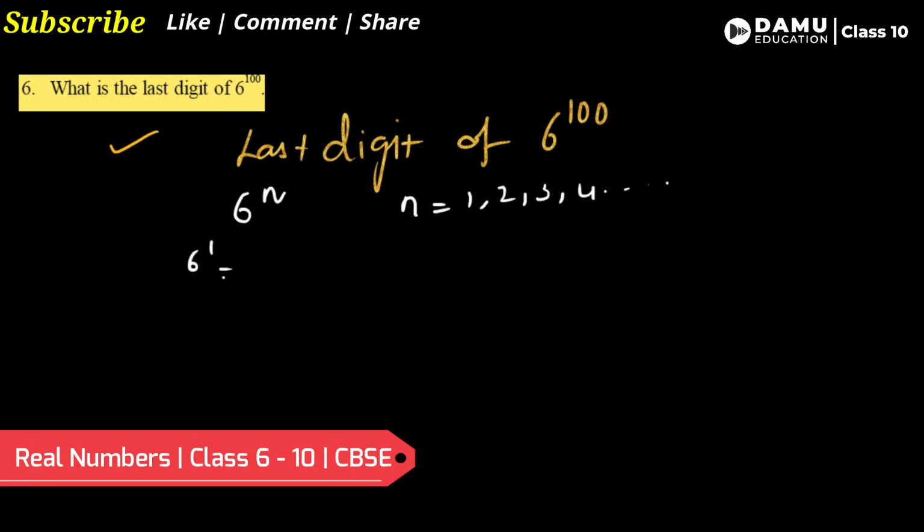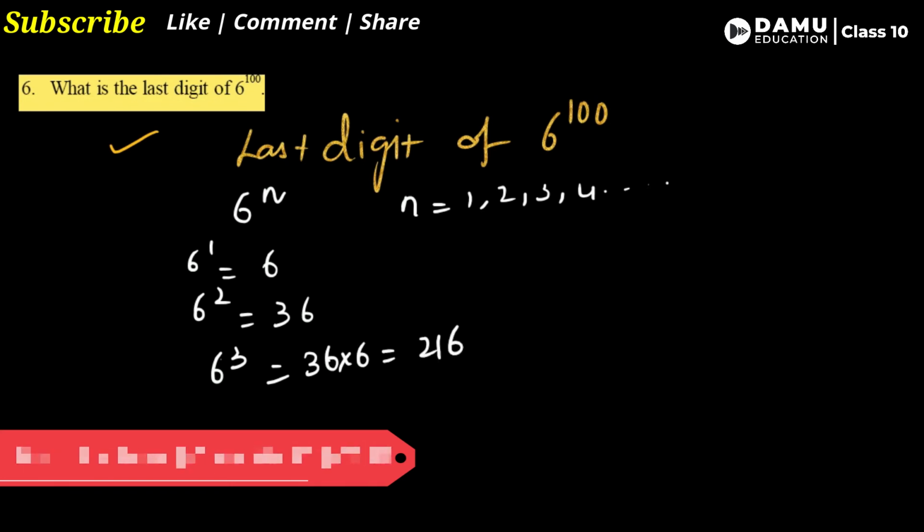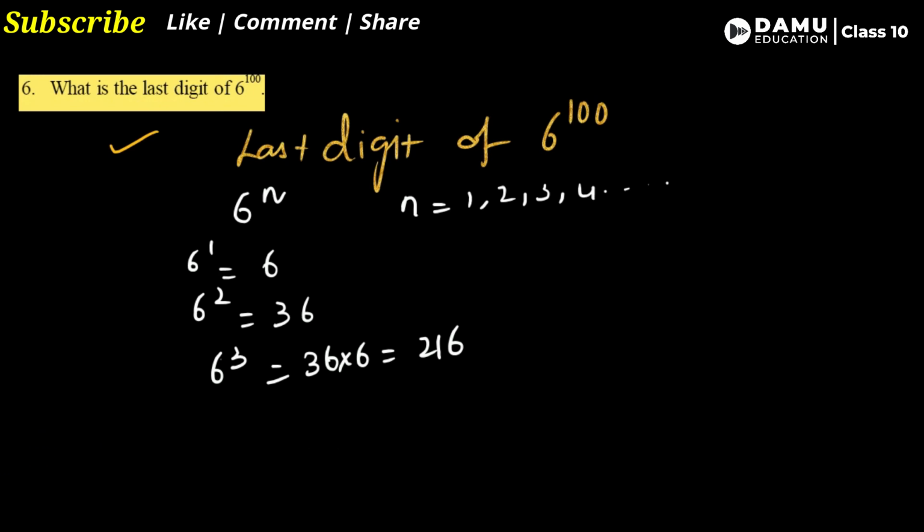Let's take 6 power 1, that is 6. 6 power 2 is 36. Then 6 power 3, what is that? 36 into 6, 216. Then 6 power 4, what will we get? We get 1296.